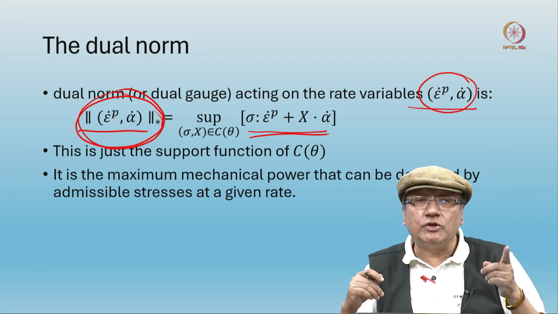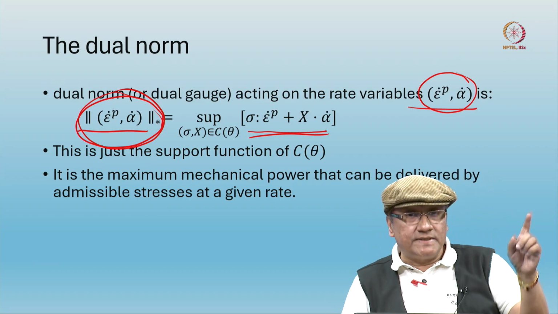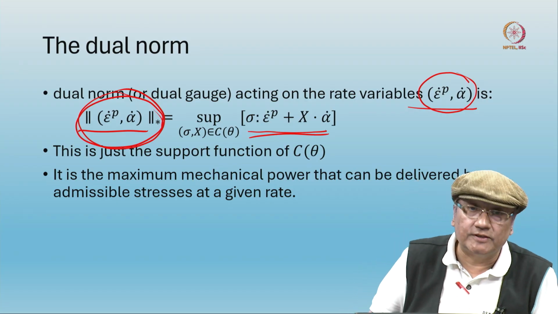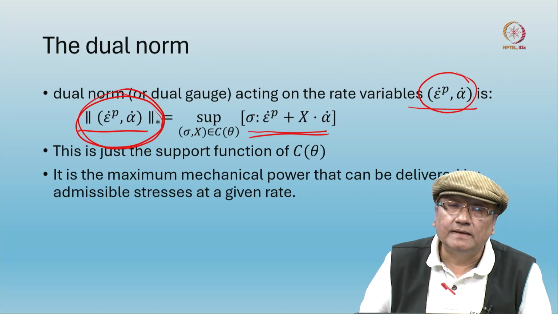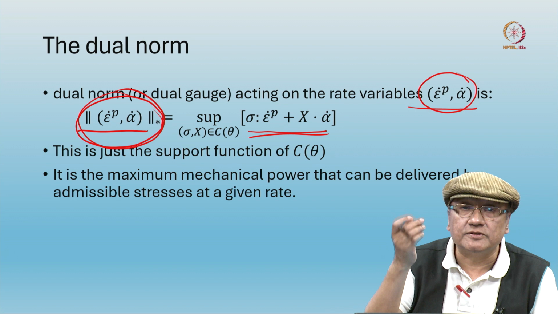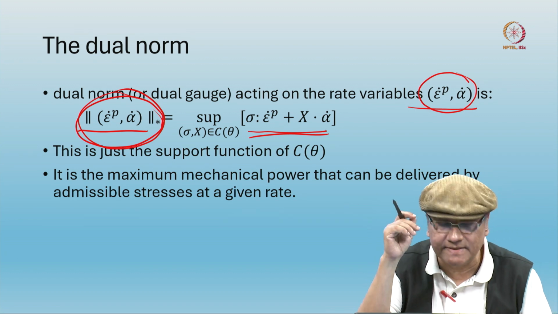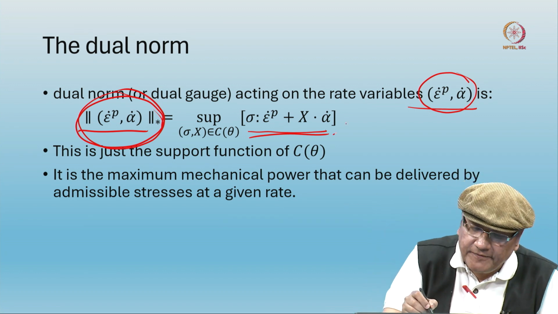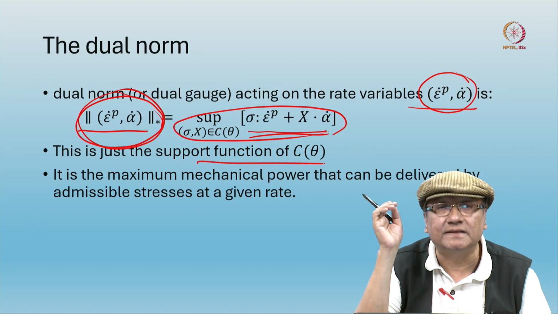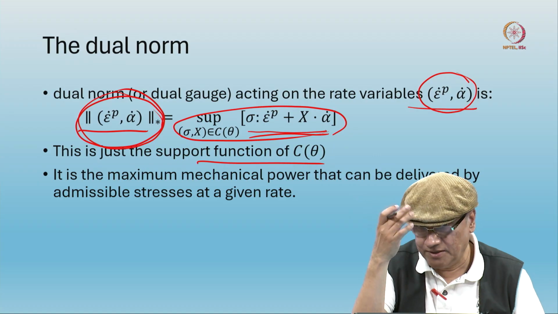So, it is only, as expected, a function of epsilon p dot and alpha dot, right. If you remember, when we discussed rate independent plasticity, we defined the support function of a set, and that gave the dissipation function for us in rate independent plasticity, right. So, you can see from the definition that this is nothing but the support function of the set C theta, correct, you remember, right.